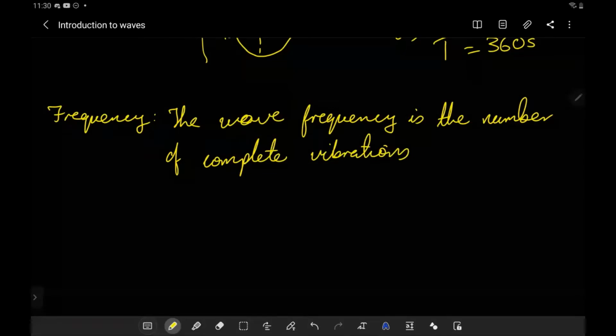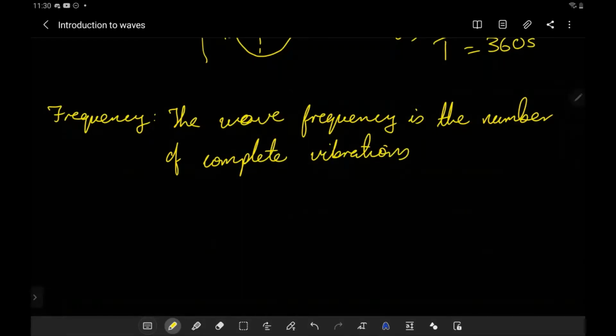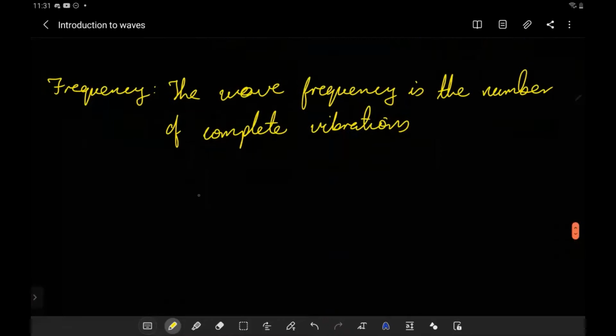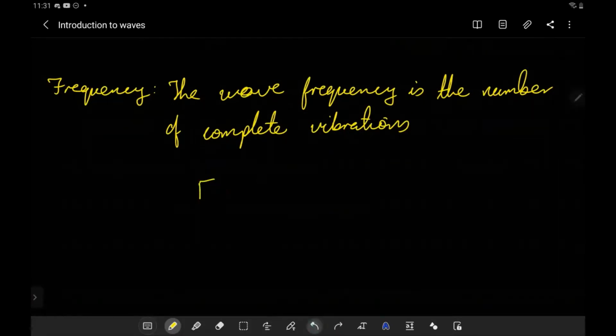Now we have a nice formula for the frequency and period relationship. We use a common f to denote frequency. The frequency is 1 over your period, or your period is equal to 1 over the frequency.